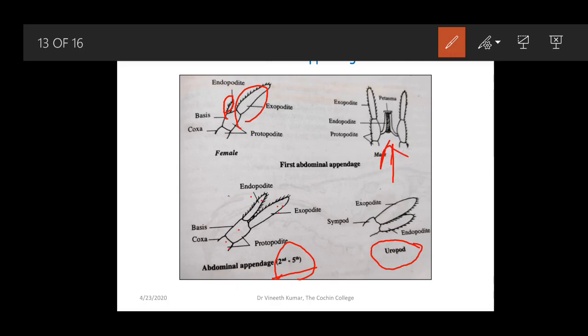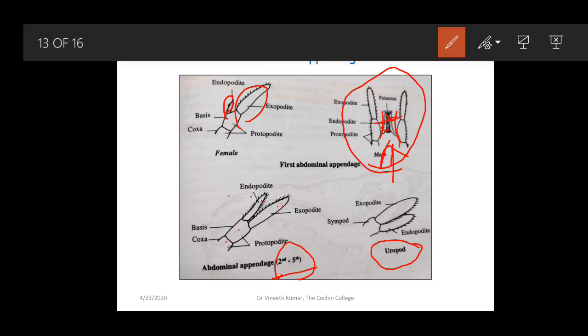You can see the endopodites of the two sides forming an interlocking tube, which is called the petasma. This tube is used to transfer the spermatozoa from the male to the female thelycum. This is a special structure seen in the first abdominal appendage of males.